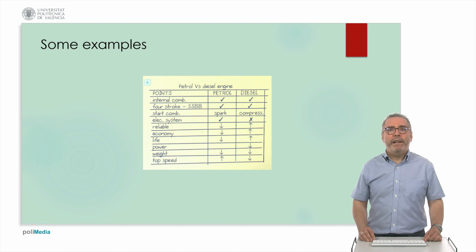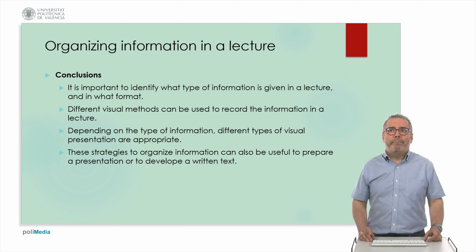What can we find here? We find a table because we are comparing and contrasting different aspects. For example, petrol versus diesel engine. So, as we can see here, depending on the type of information, we may want to use one visual method or another.